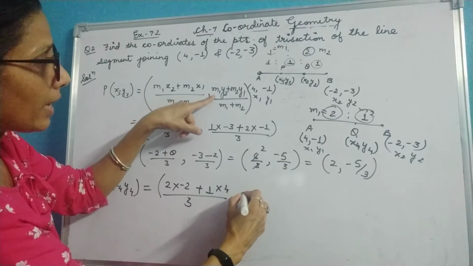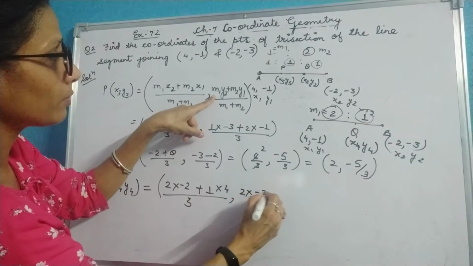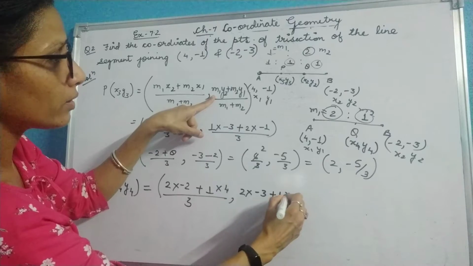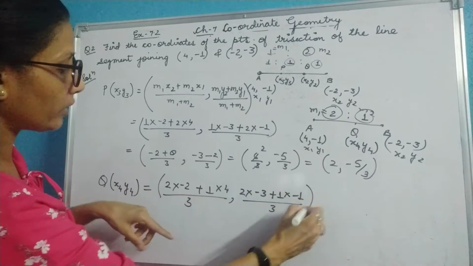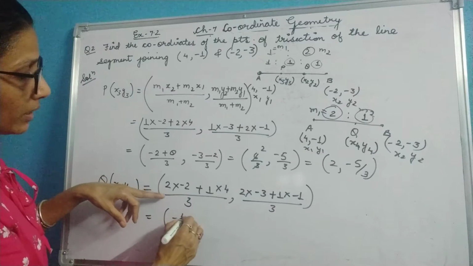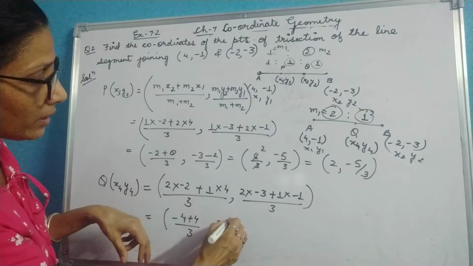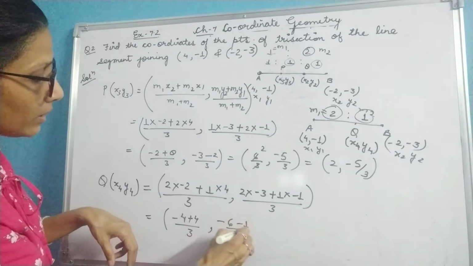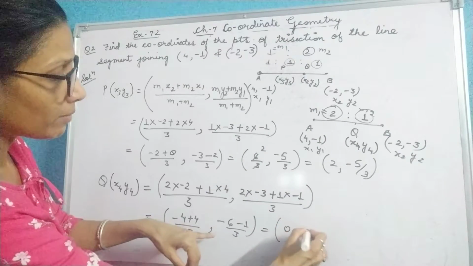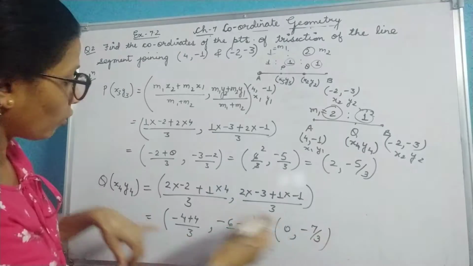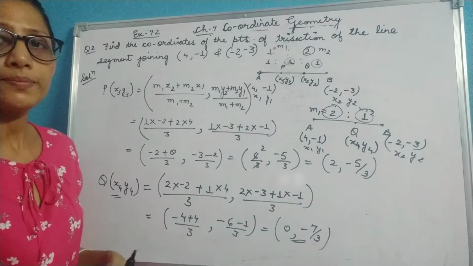Now again M1 is 2, y2 is -3 plus M2 is 1 and y1 is -1, again M1 plus M2 is 3. So it gives me -4 plus 4 by 3, and -6 minus 1 by 3, which gives me 0 by 3, which is 0, comma -7 by 3. So your point Q is (0, -7/3).